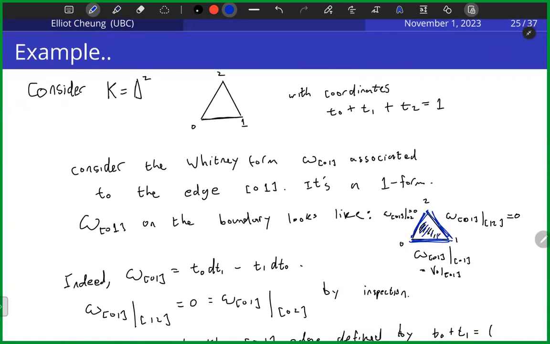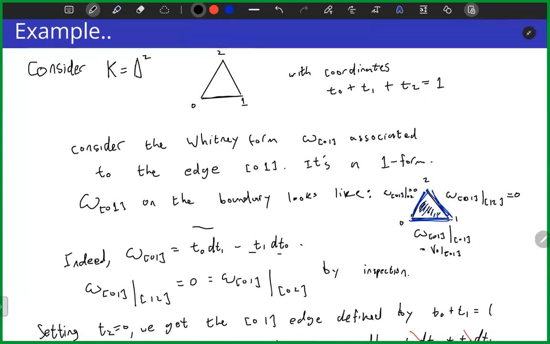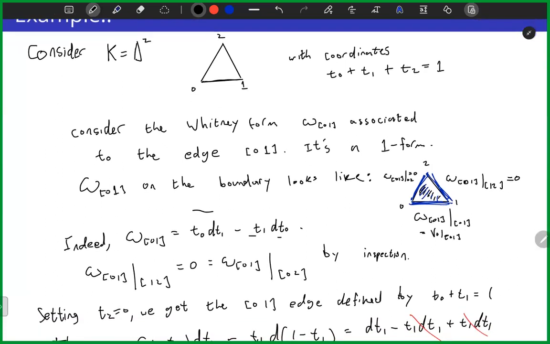Yeah. So this edge leaves out the T0 coordinate. So this thing is 0, and then this thing will also be 0, and so on. Now, if we set T2 to be 0, we're on the 0, 1 edge. Then the global coordinates act like this, T0 plus T1 plus T2 is 1.